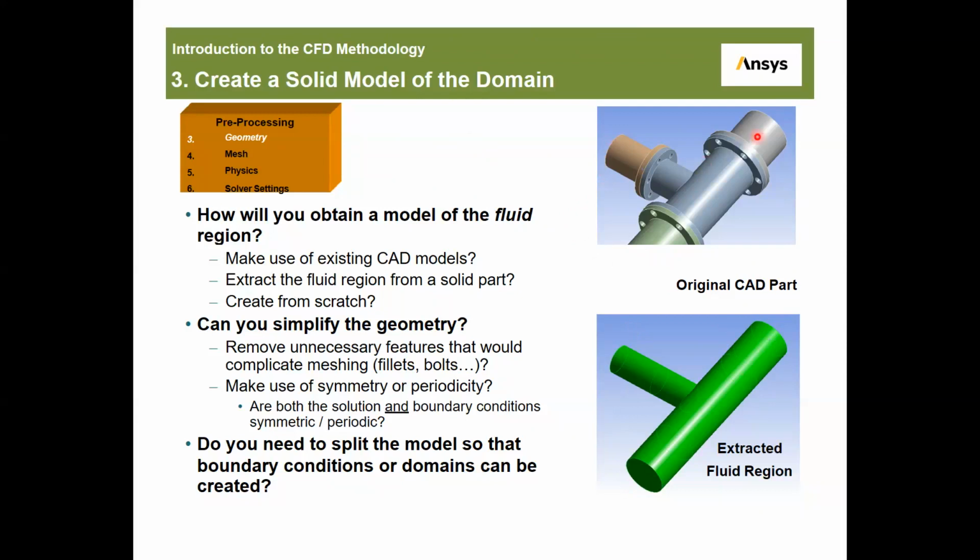For example, the flange and the T connection are all solid, but the hollow inside is where the fluid region is. So you only need to draw the fluid part, the green one.